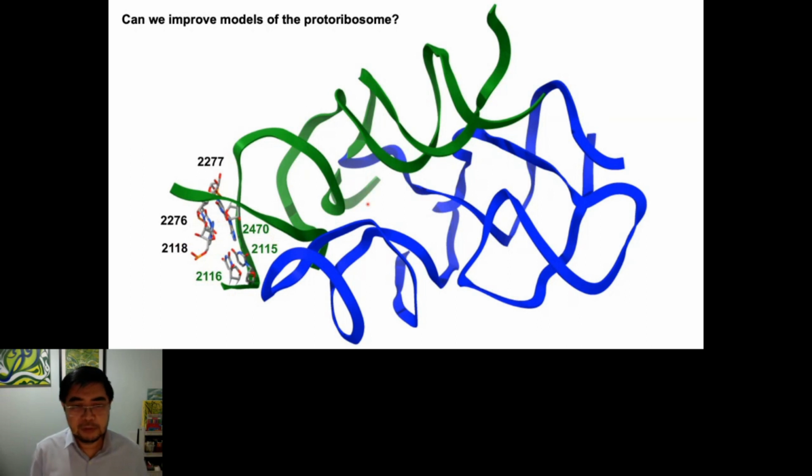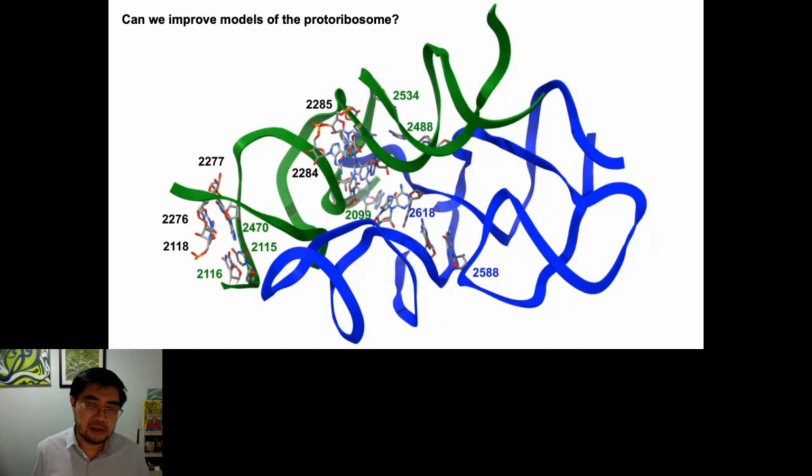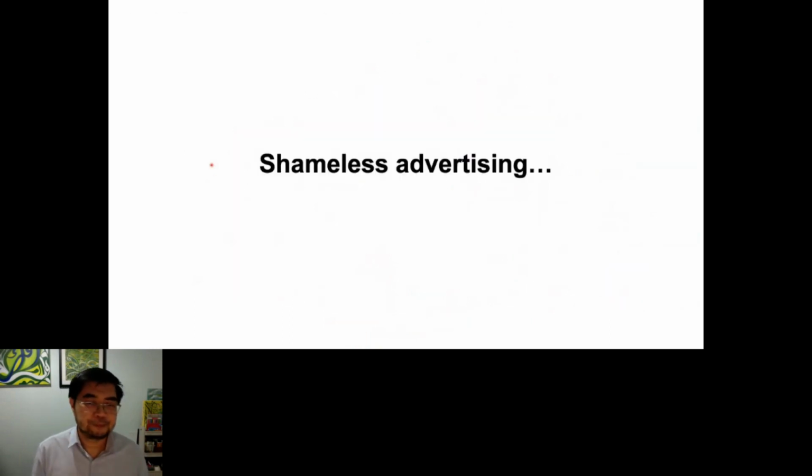And if we add in the peptidyl transferase center, you also see that 2 of these bases that are known to be part of the PTC are not quite in the proto-ribosome model. So is it possible that we might be able to improve the model of the proto-ribosome by including this very universal motif that can be found in all available ribosomal RNA structures to date?